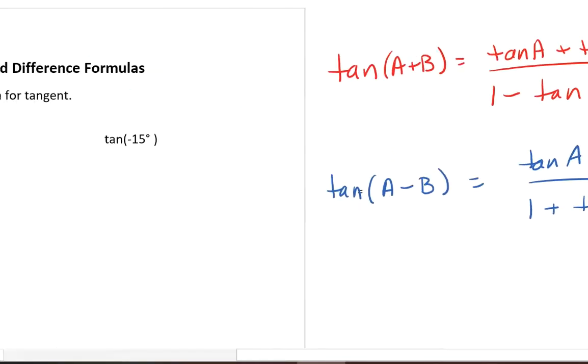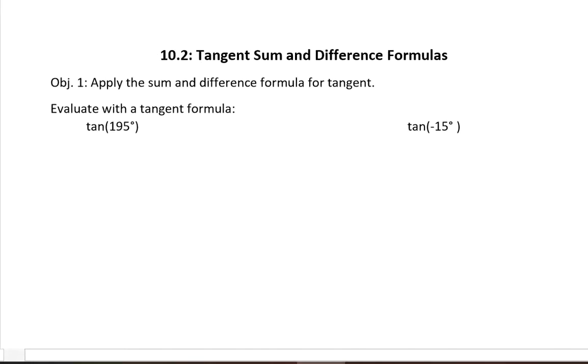All right. So first things first, we've got tangent of 195. I want to think about what two angles are going to add to 195. There's a lot of options here. You could do 45 plus 150.